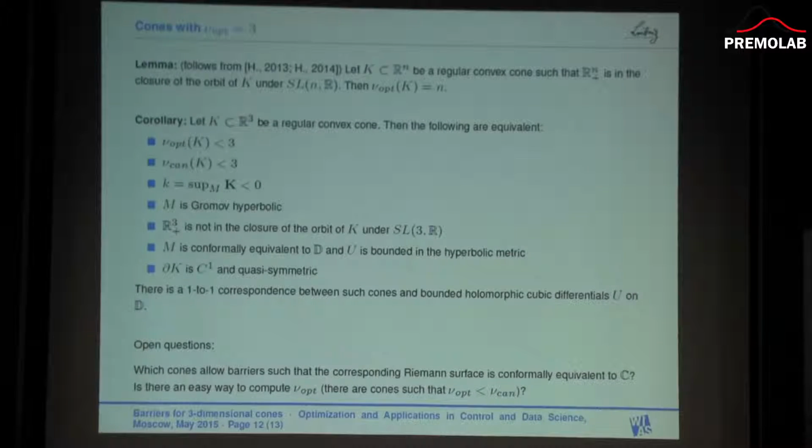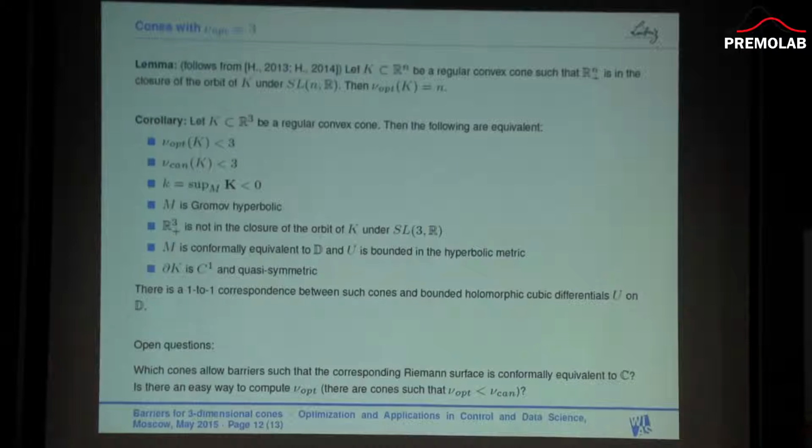So these are exactly those cones such that if you act on them with a special linear group, the orthant is in the closure of this action. So you find a sequence of linear transformations such that the images of the cone under these transformations tend to the orthant. So if and only if this happens, the optimal barrier parameter is 3.